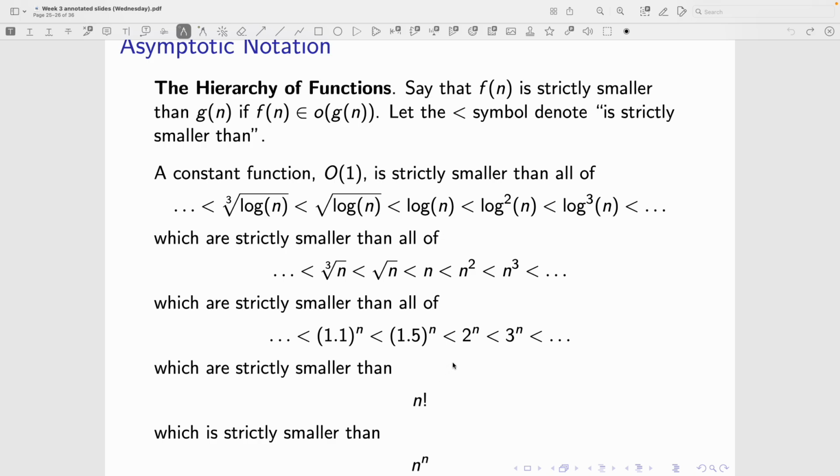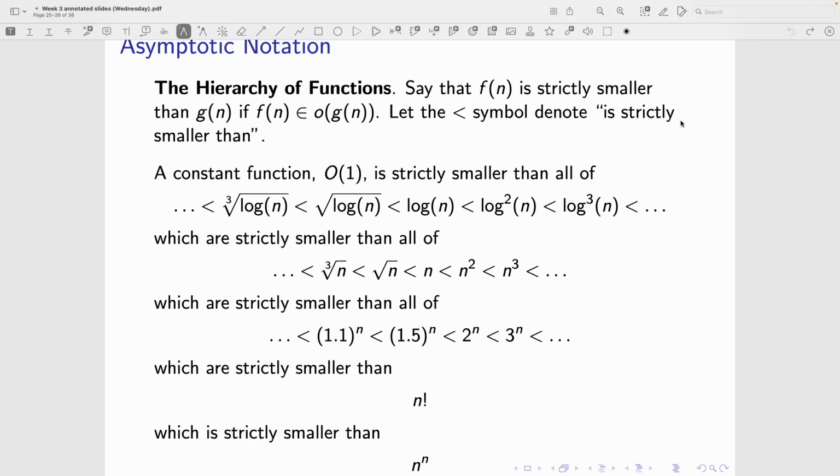That still is overtaken eventually by the factorial function. So n factorial equals n times n minus 1 times n minus 2 times n minus 3 all the way down to 1. And then even that is smaller than n raised to the power of itself.